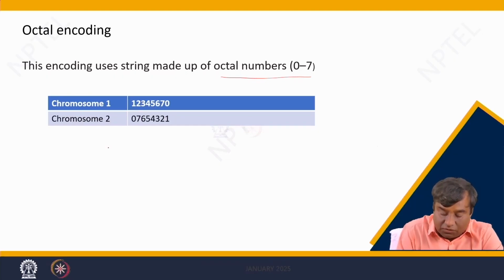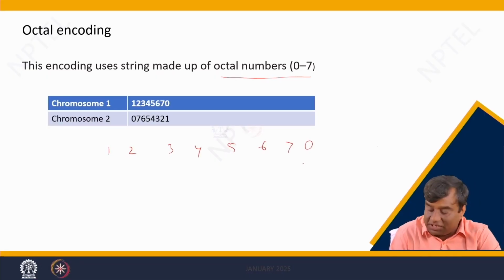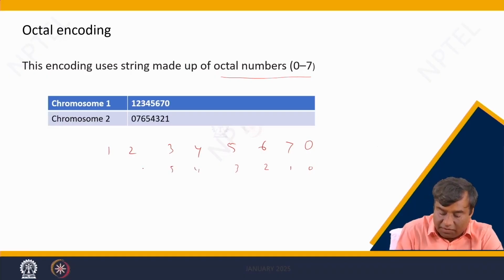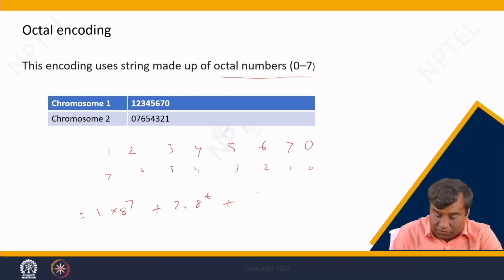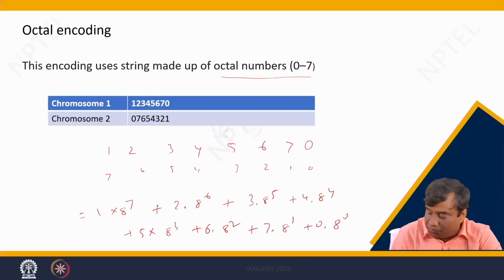The value of this number is 1 into 8 to the power 7 plus 2 into 8 to the power 6 plus 3 into 8 to the power 5 plus 4 into 8 to the power 4 plus 5 into 8 to the power 3 plus 6 into 8 to the power 2 plus 7 into 8 to the power 1 plus 0 into 8 to the power 0.